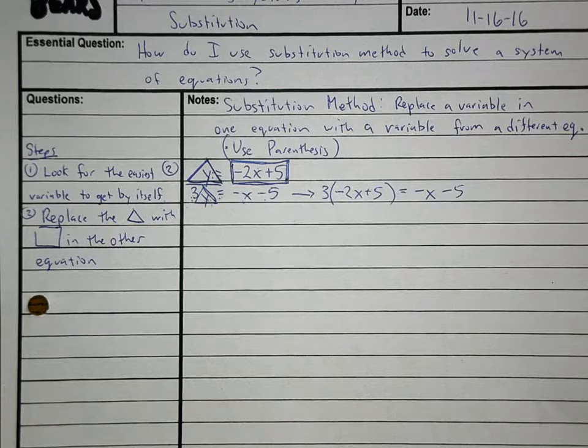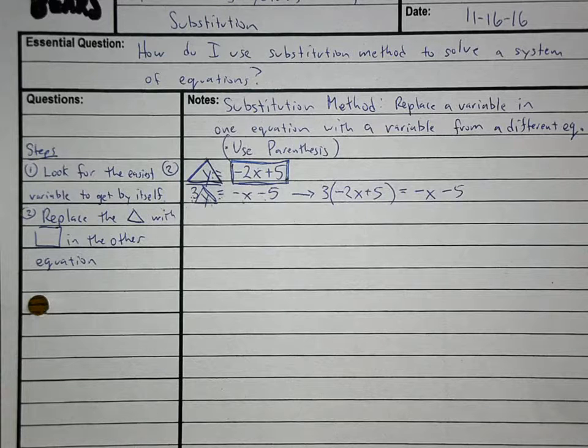Yeah. Okay. So technically you put a triangle around y or whatever variable looks by itself, and then there is a number next to the variable, then you move it to the other side to make a new equation, and then you add in the leftover equation from the y, and then you put that in parentheses, and then you take the second equation.